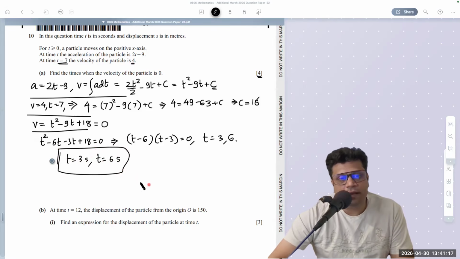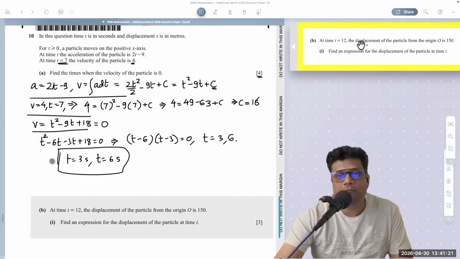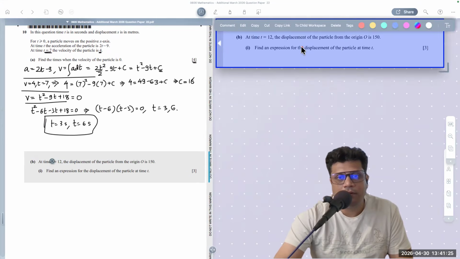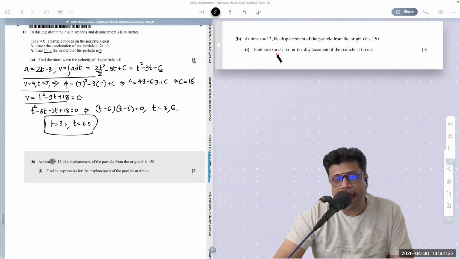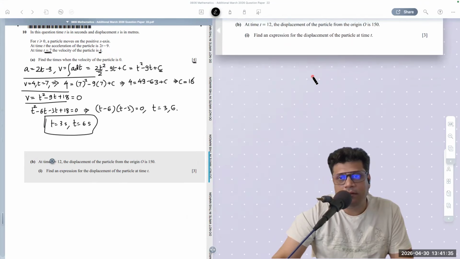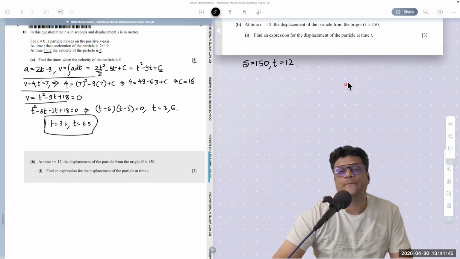Let's go do another thing now. So they say at time equal to 12, the displacement of the particle from the origin is 150. They say displacement is 150 when time is 12.